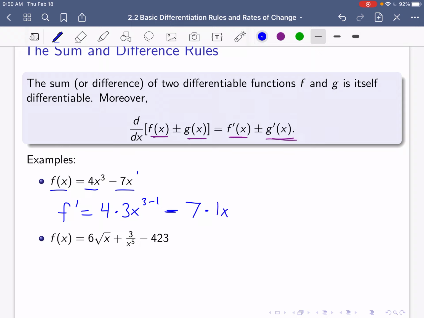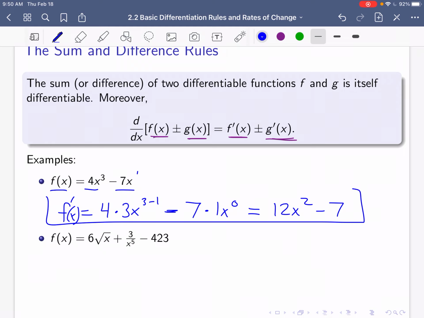So it's 1x to the 0. And if we clean things up, we have 12x squared minus 7x to the 0, which is just 1. So 7 times 1. And that is our derivative there. Right?